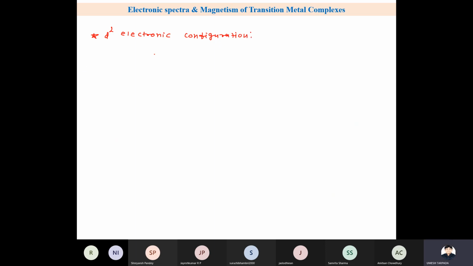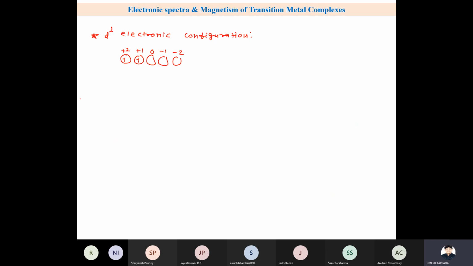So in the case of D2 system, you can have two electrons getting accommodated in particular orbitals. You can say the first arrangement is this one.